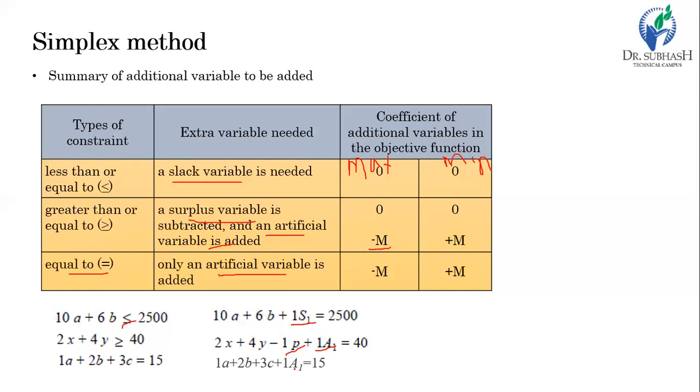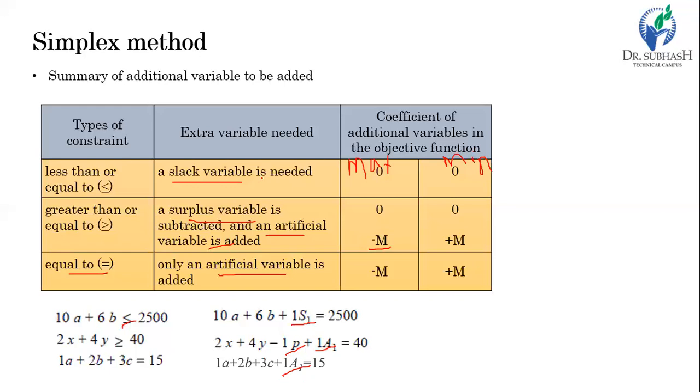Say 1a plus 2b plus 3c plus 1a1 equal to 15. If we do not do this, it may create an infeasible solution, and in some cases the solution is not available at all. So we have to add an artificial variable, which we will see in coming problems.